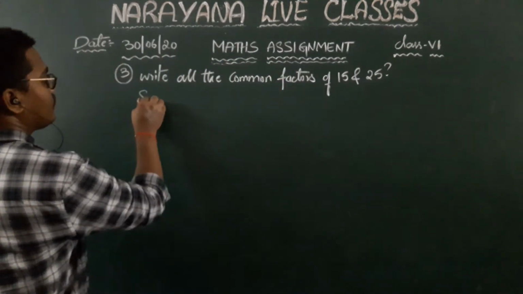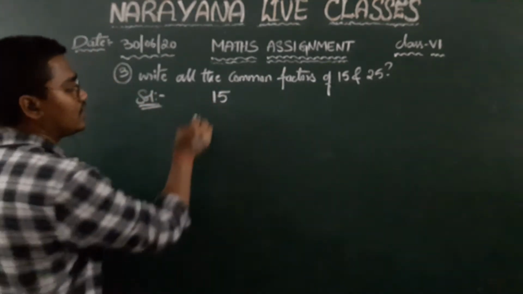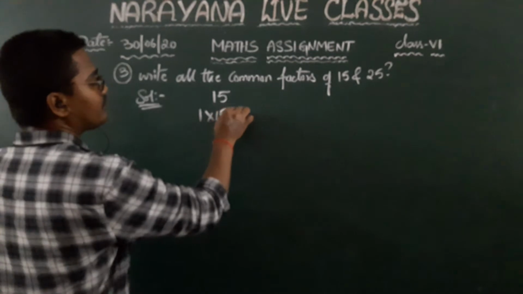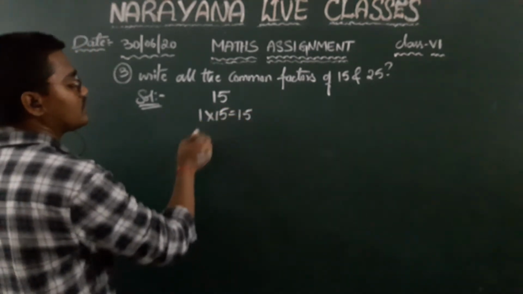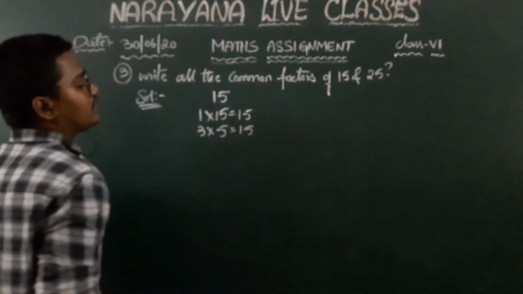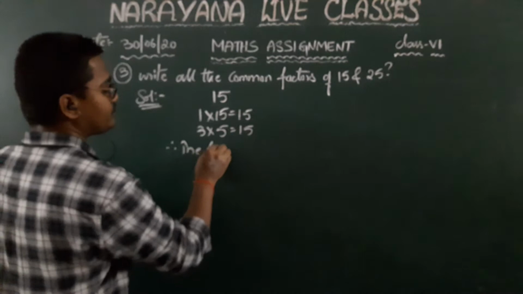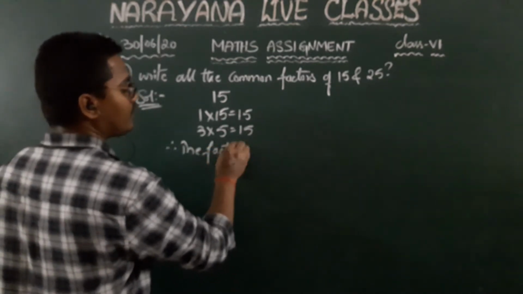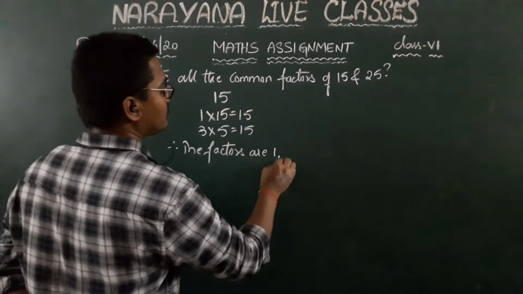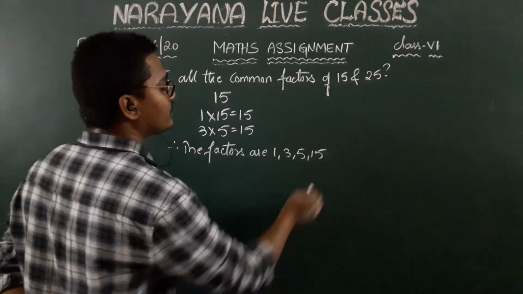So when you take the number 15, the factors of 15 are 1 15s are 15. In 2 table it is not a multiple, in 3 table 3 5s are 15, in 5 table 5 3s are 15. So therefore the factors are 1, 3, 5, 15. These are the factors of 15.